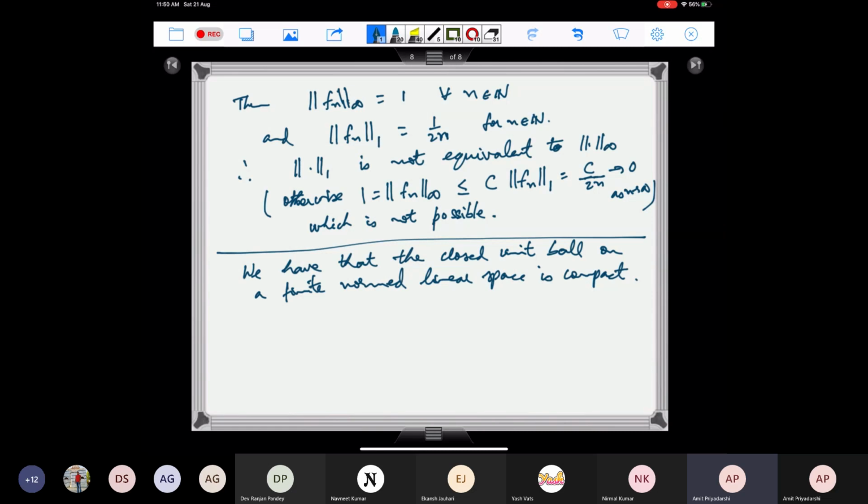If the closed unit ball is compact, then the space has to be finite dimensional. So we will see that this is actually an if and only if statement. So compactness of the closed unit ball actually characterizes the finite dimensional spaces.